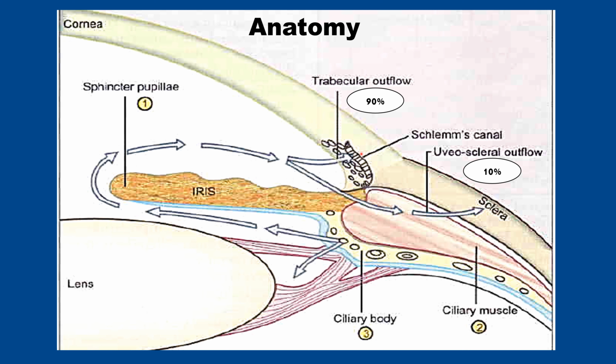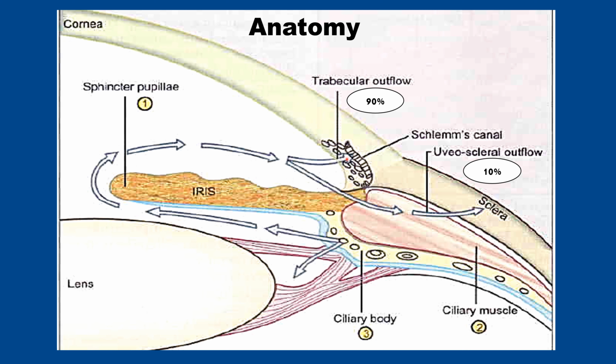At the iridocorneal junction there are also mesh-like structures called the trabecular meshwork, which normally offers resistance to intraocular fluid trying to percolate from the iridocorneal angle to the canal of Schlemm, and maintains a pressure of 10 to 20 mm Hg.